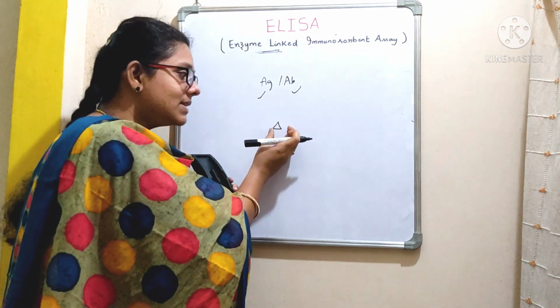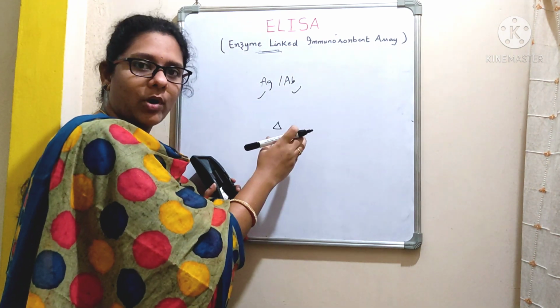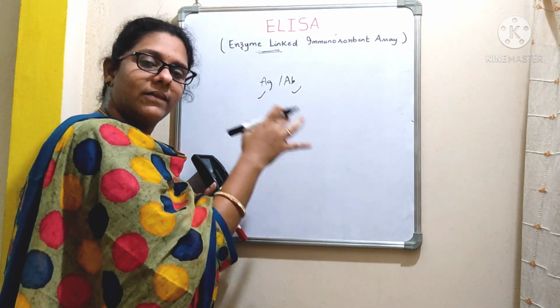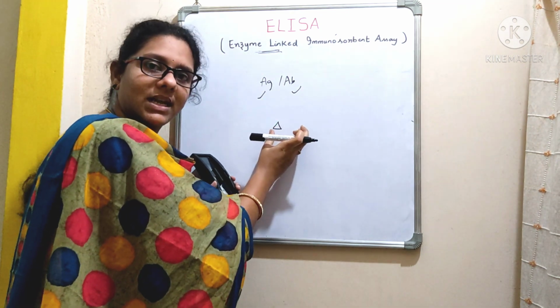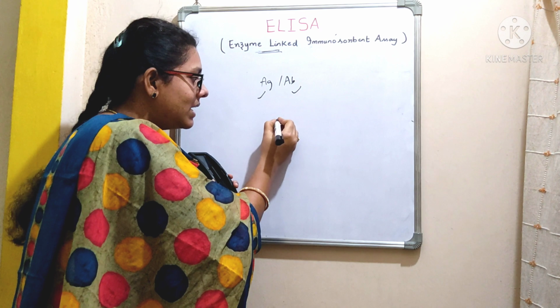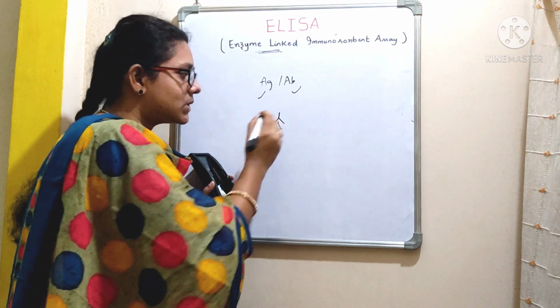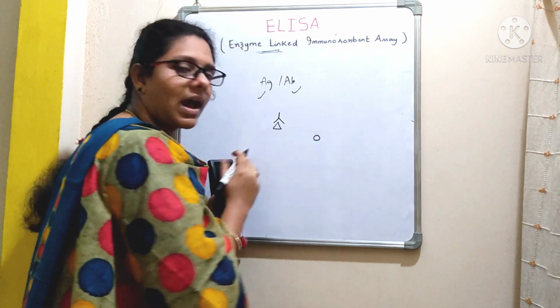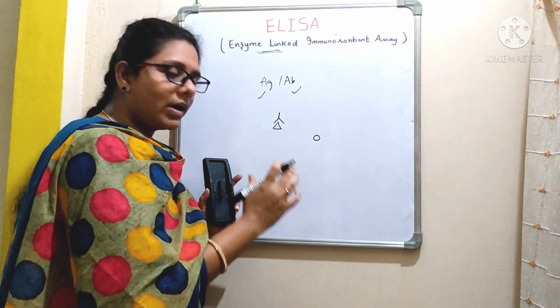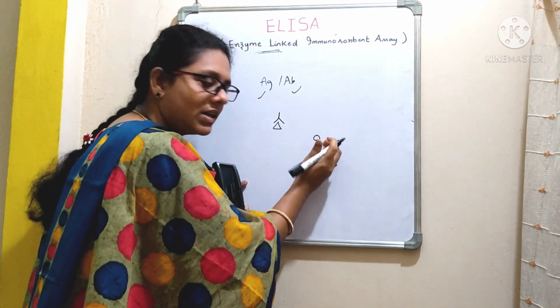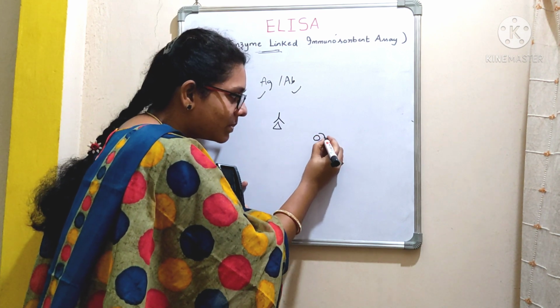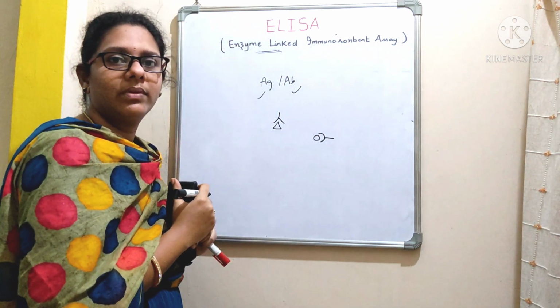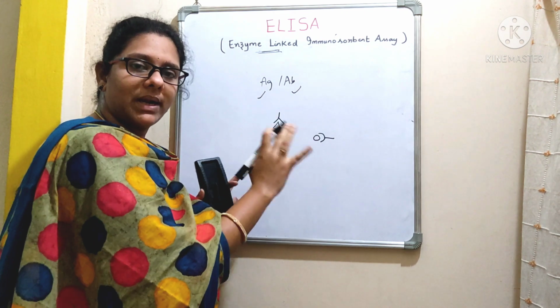When this antigen enters into our body, our immune system will recognize it as a foreign particle and start producing specific antibodies. If this is another antigen, our body will recognize it and start producing specific antibodies.